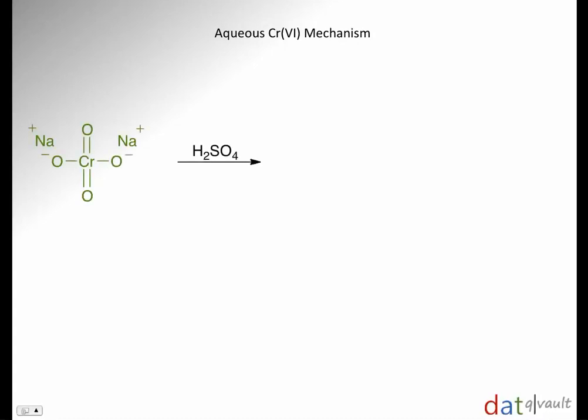All right, so what does the mechanism look like for an aqueous chromium-6 oxidation? First we have our reagent over here, which is in this case sodium dichromate. Like I said, it has to be done in the presence of a strong acid, such as sulfuric acid. So here we have sulfuric acid.